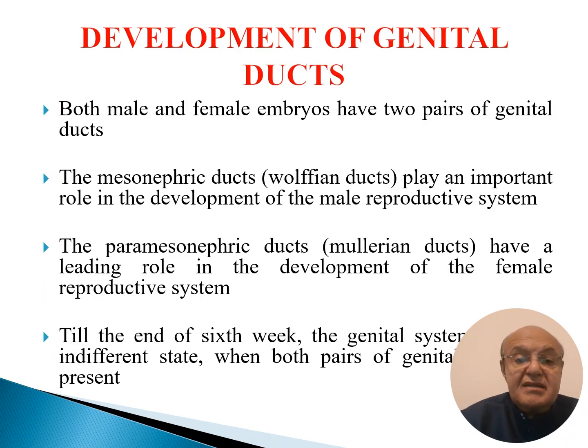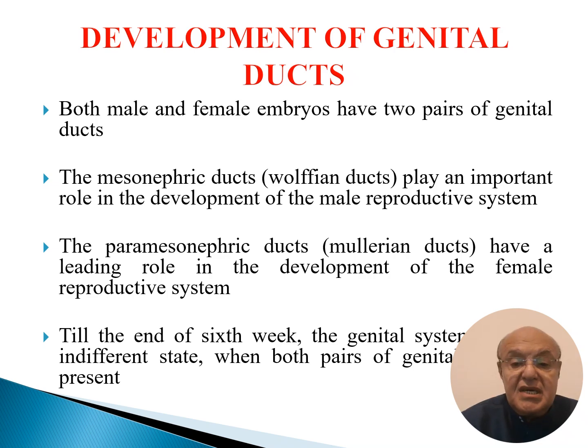Development of genital ducts. Both male and female embryos have 2 pairs of genital ducts, which connect the gonads, either ovaries or testes, to the genital organs.